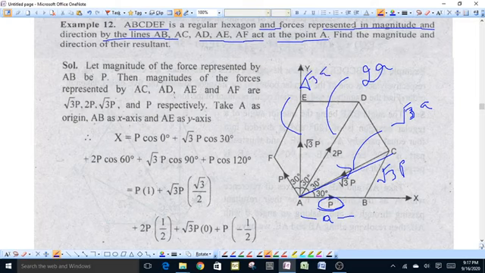Because the magnitudes of the forces are proportional to the lengths of AC, AD, AE, AF, if the magnitude of the force along AB is P, then the magnitude of the force along AC will be √3P, along AD will be 2P, along AE will be √3P, and along AF will be P.